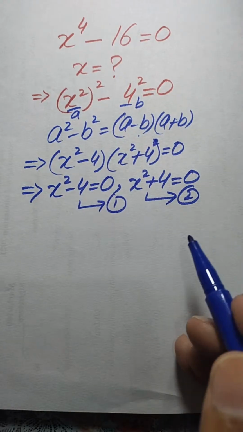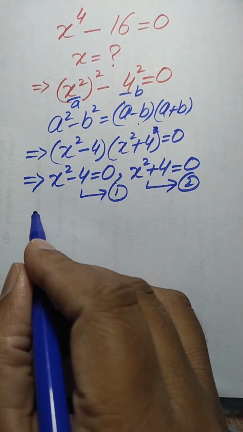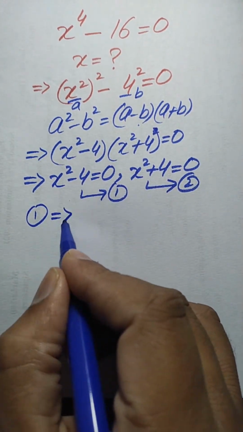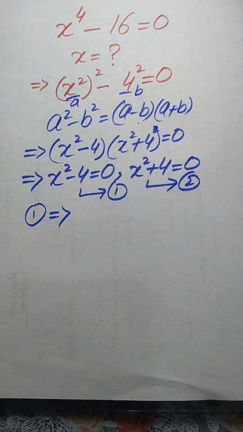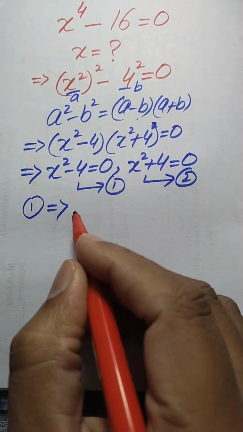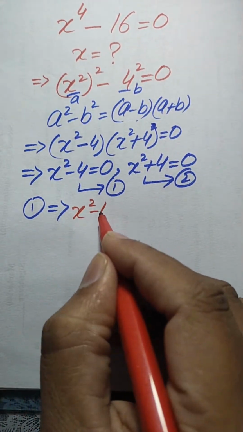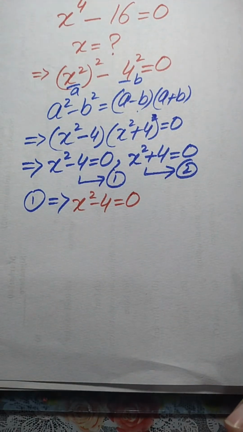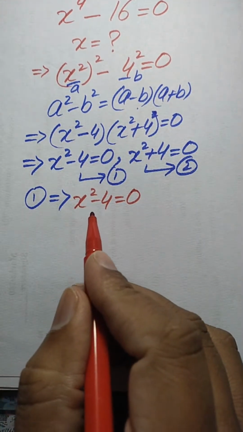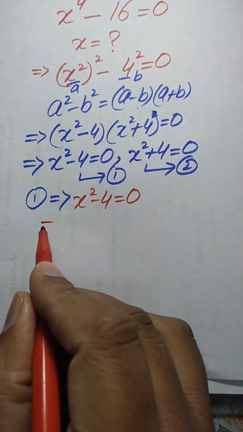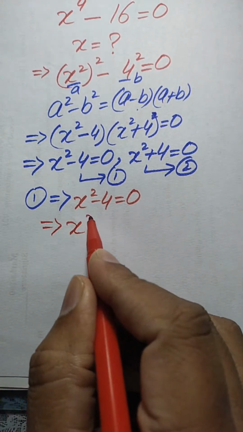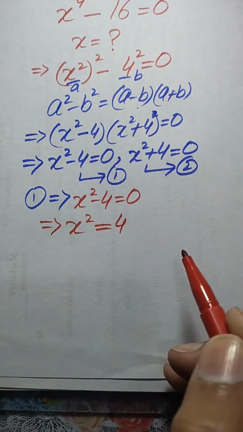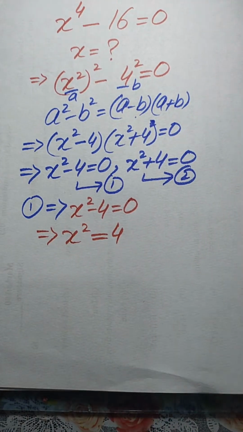Further, in the next step first we solve equation number 1. In the first equation we have x square minus 4 equals 0. In this equation, we move this minus 4 to the right hand side, and it becomes x square equals 4.